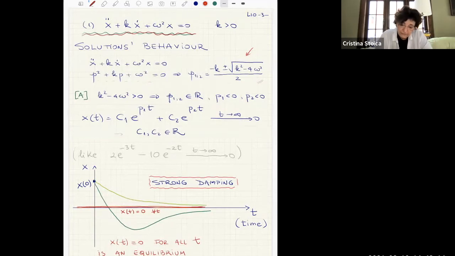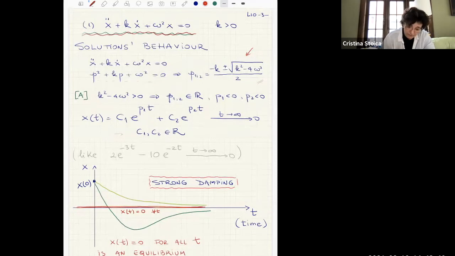And we observe that if we take the limit as t goes to infinity, the limit will always be 0. So I put here, in gray, like P1 would be -3 and P2 would be -2, and then take whatever constants you want. When you take the limit, it still goes to 0.